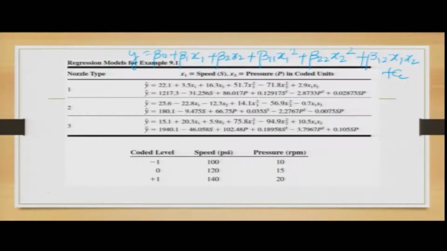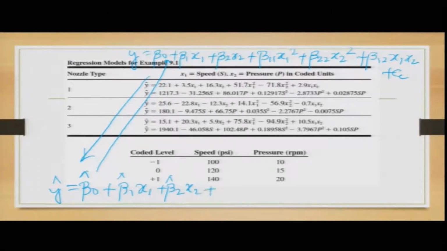When you fit it, y hat is beta naught hat, which is here, plus beta 1 hat x 1 plus beta 2 hat into x 2 plus beta 1 1 hat x 1 square plus beta 2 2 hat into x 2 square. This hat means they are the predicted values.